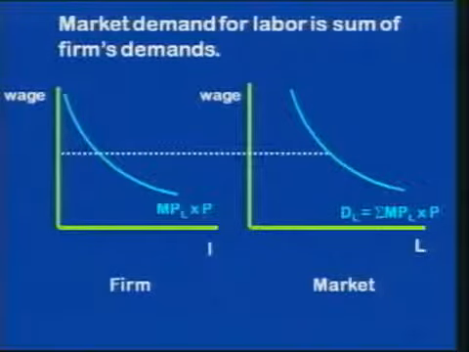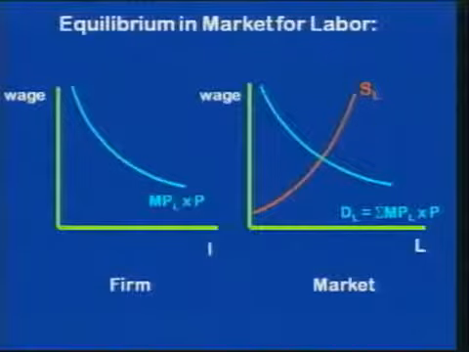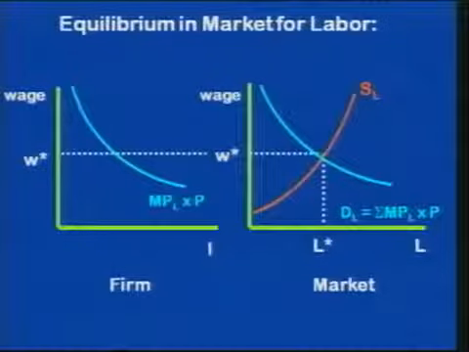Then there's a supply of programmers, which is determined by individual people's decisions of whether to go into programming, get training, whatever. And the interaction of market demand and market supply for programmers will determine the wage rate for programmers. So we get a wage rate at that intersection and a market total quantity purchased.